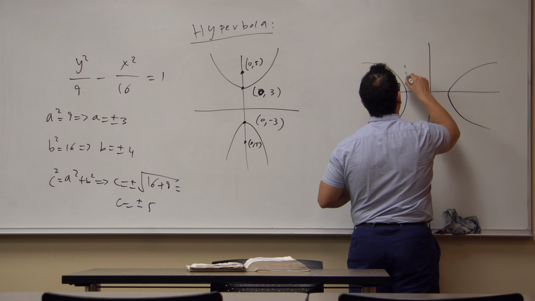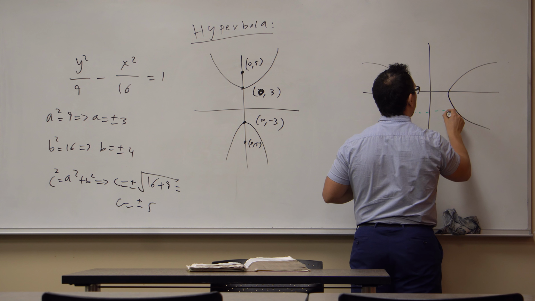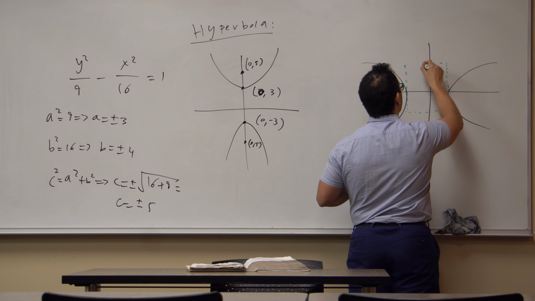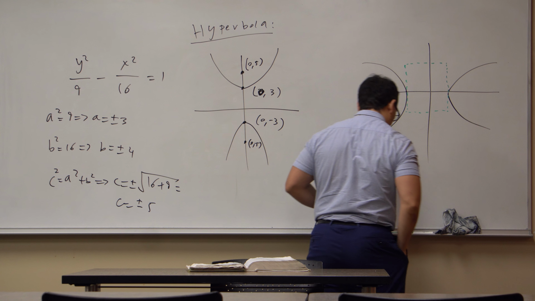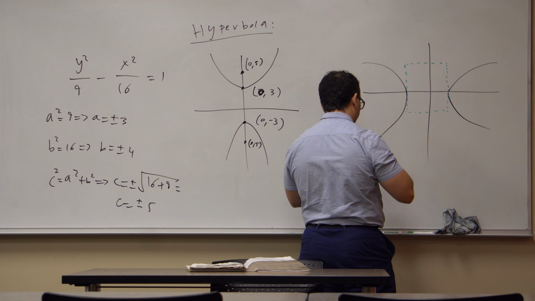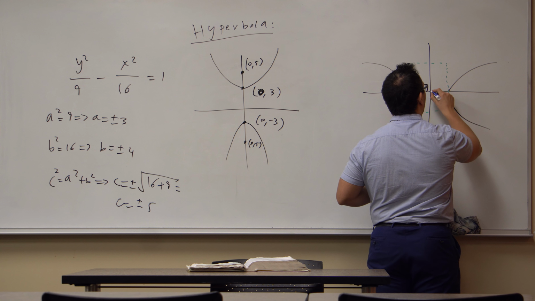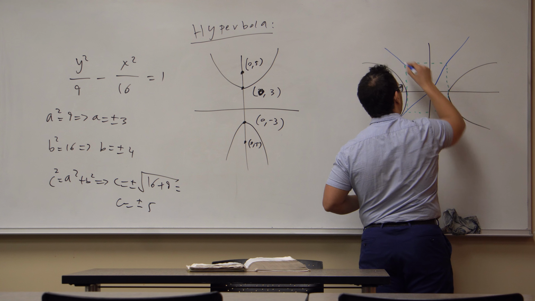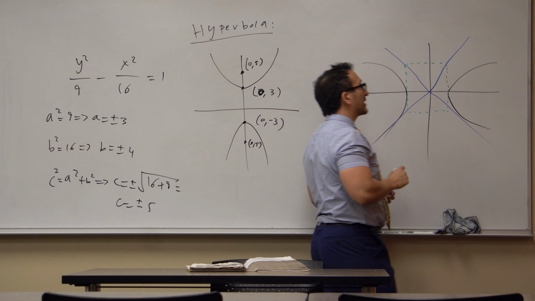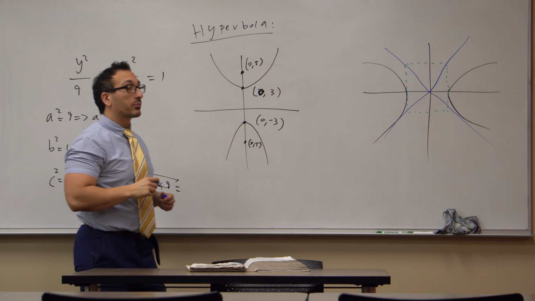Over here, here's our fancy situation. We can create this square inside here, and notice that upon creating this square, the lines that go through the corners of the square behave as asymptotic lines to the hyperbola.